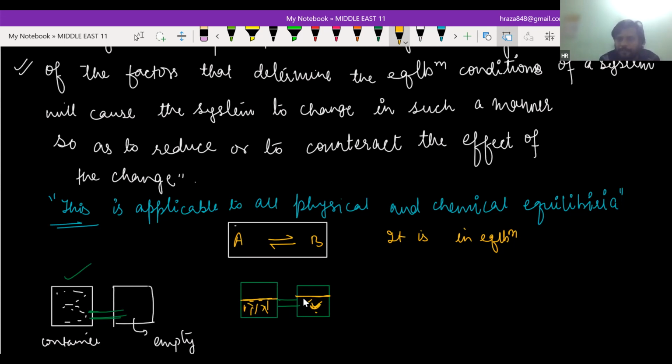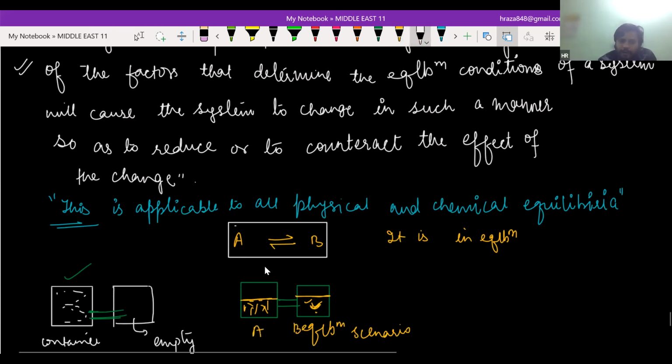Got it, Saif? Yes, sir. Now, suppose this is the equilibrium scenario, and this is A and this is B. Now, if you put some more water in this container, what will happen?